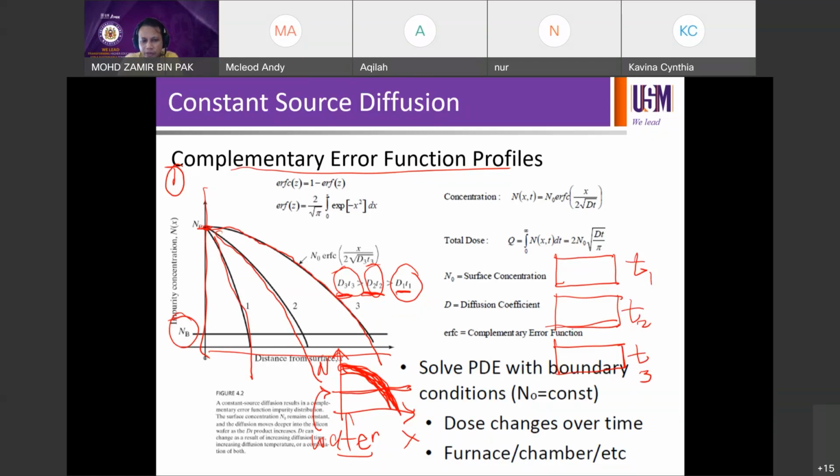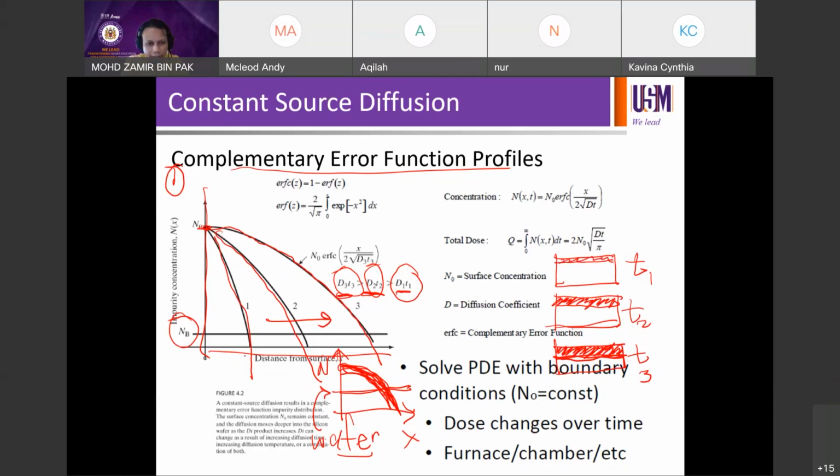So kalau you imagine this graph, it goes deeper into silicon, so that means your T1 may have depth of like that, your T2 may have depth of like that, your T3 may have depth like that. Okay, so that means your T3 has the deepest XJ, or the junction depth, if you compare to T2 and if you compare to T1. Okay. So your T1 has the shallowest junction because of the shortest time.